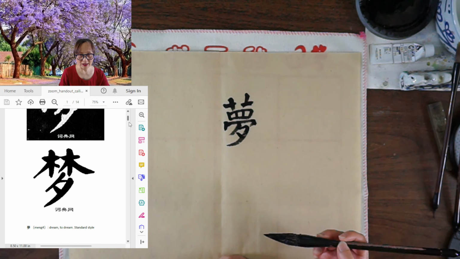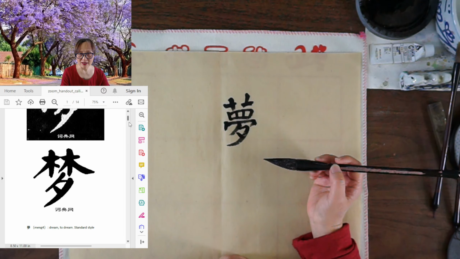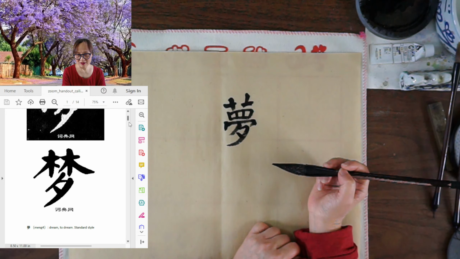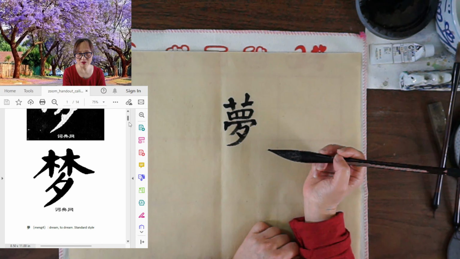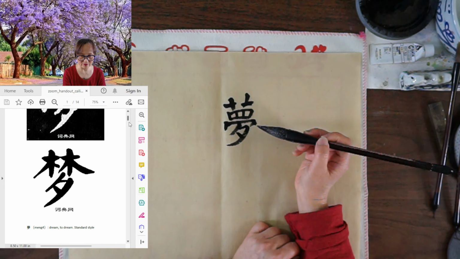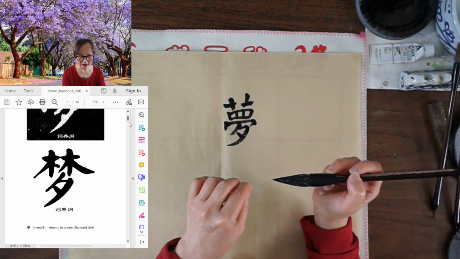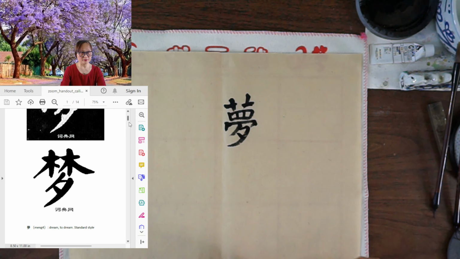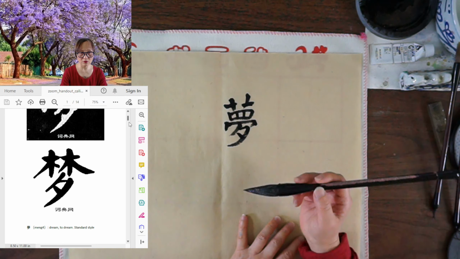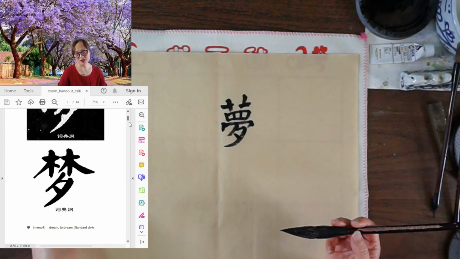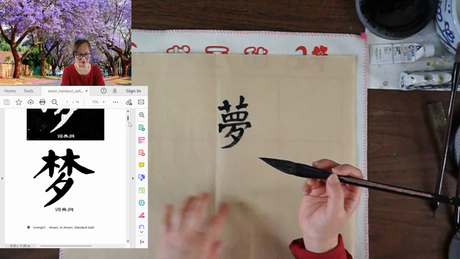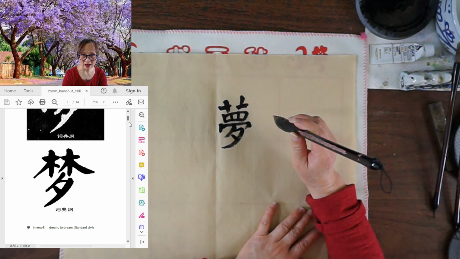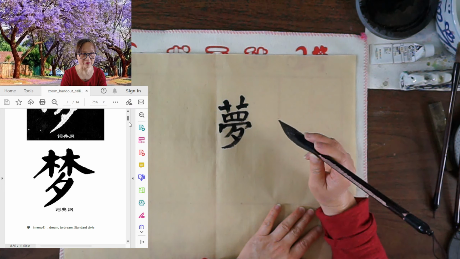This simplified appeared at about the same time, a little bit late, but also some people start to use the simplified in the walking or even in the standard style already. So choose which one you think you want. Okay, this is traditional way, and the one I'm going to write is the simplified.